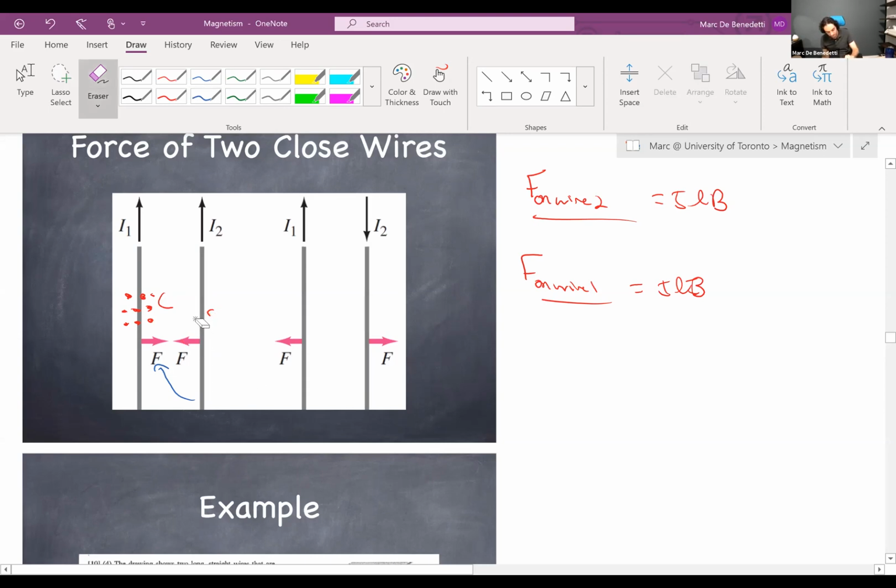So interestingly enough, two wires that are side by side that carry the same current in the same direction will actually attract each other. And that sort of makes sense if you think about it. In fact, it almost has to make sense, because if you have two currents in the same direction, what if you just merge these wires together and blend those two wires together?